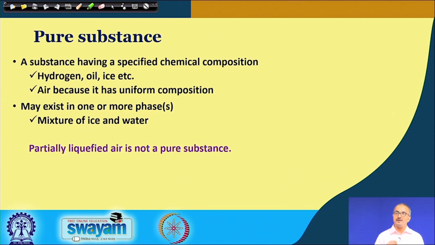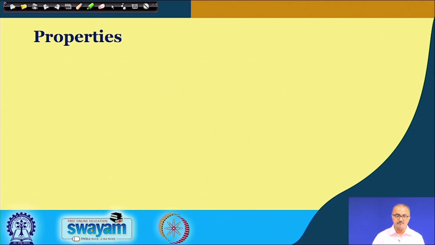So, whenever you are liquefying the air partially, the liquid phase will have more oxygen and less nitrogen, whereas the vapor phase will have more nitrogen and less oxygen. This way, when you are partially liquefying the air, we get the liquid and vapor phases of different compositions. So, this kind of air is no more a pure substance.